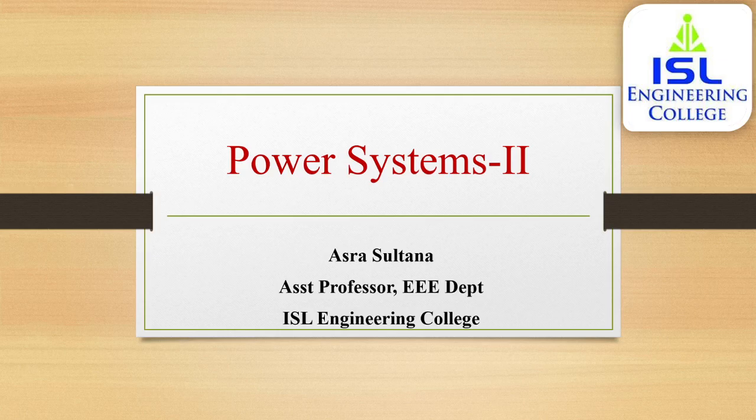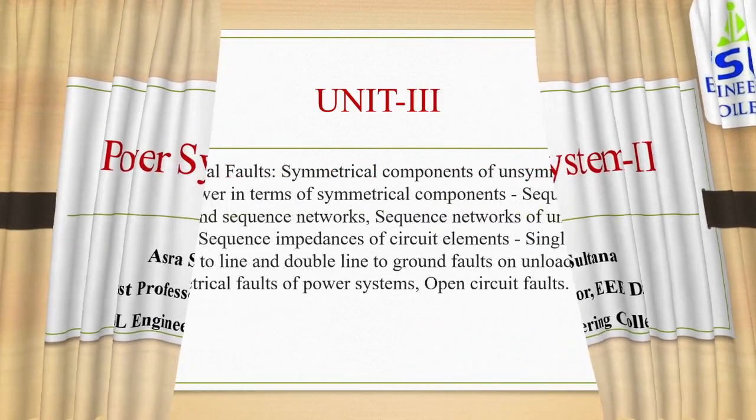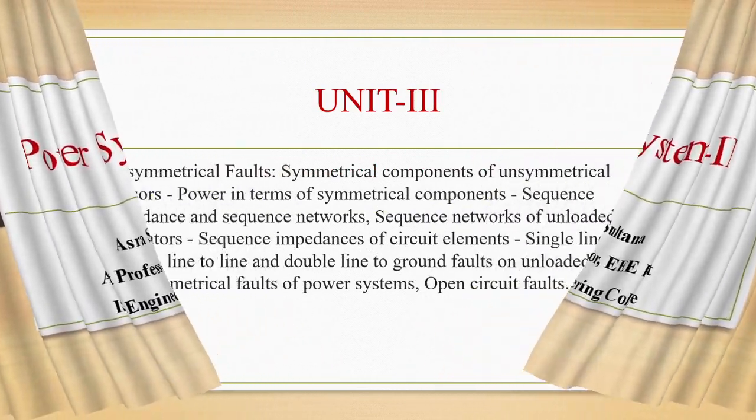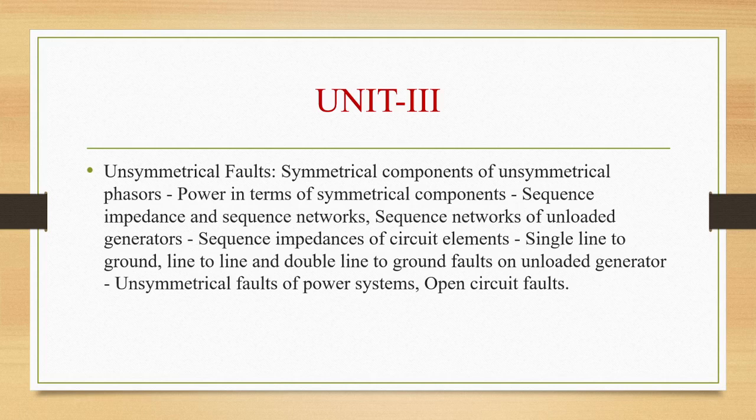Last class we saw the symmetrical components in terms of phase currents. In unsymmetrical faults in the third unit, we are seeing symmetrical components of unsymmetrical phases, power in terms of symmetrical components, sequence impedance and sequence networks of unloaded generators, sequence impedances of circuit elements, single line to ground and double line to ground faults on unloaded generator, unsymmetrical faults of power systems, open circuit faults.